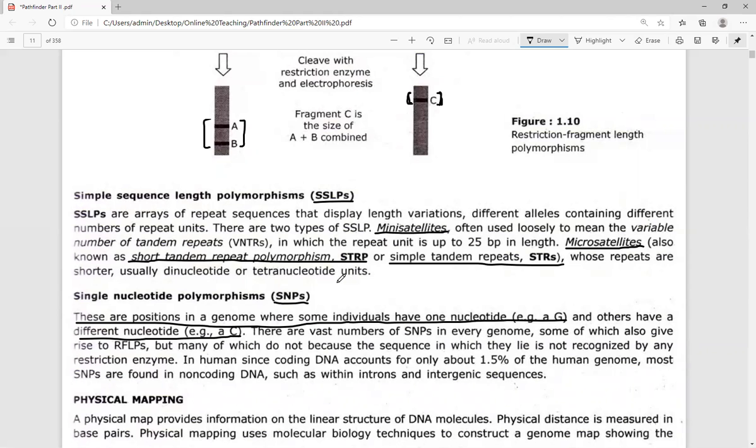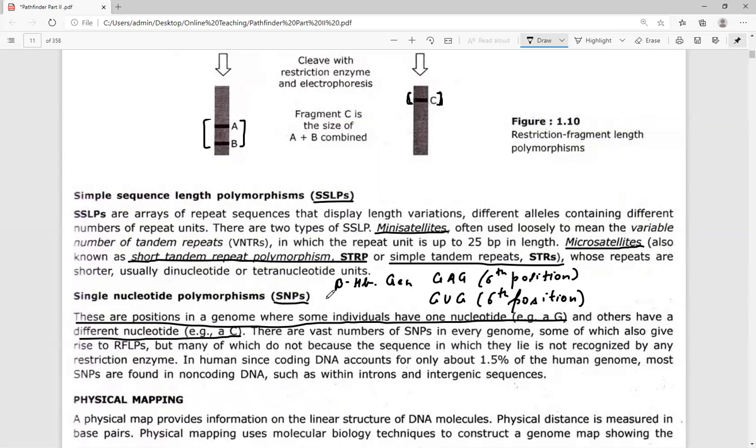For example, you know that the beta hemoglobin gene has GAG at its sixth position. If at the place of GAG another sequence, GUG, is present at the sixth position, then it will be referred to as sickle cell anemia.